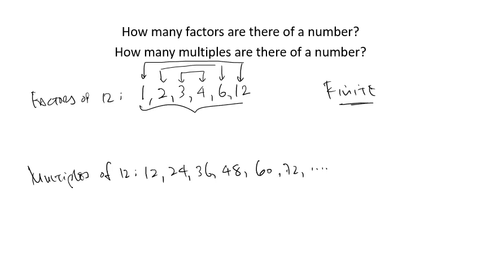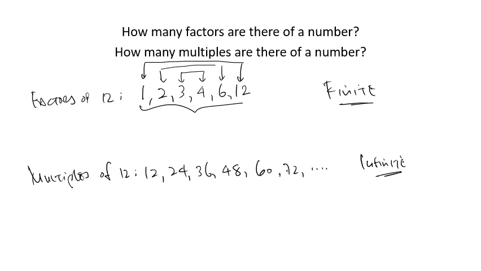So we're taking 12 times the individual elements in that set of positive integers, that set of whole numbers. So there's not going to be a largest multiple. There's a smallest multiple. The 12 times 1 would be our smallest multiple, but there's not a largest multiple. So this set is not finite. It is infinite. It keeps going.